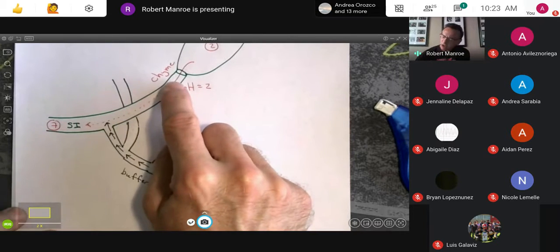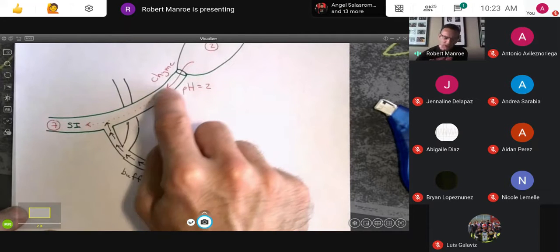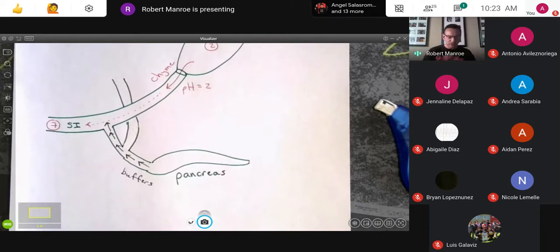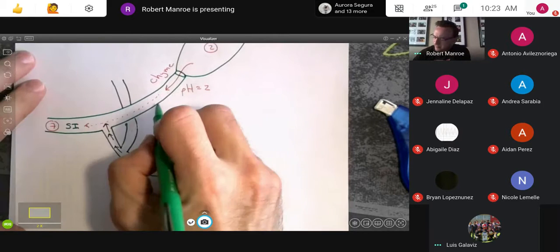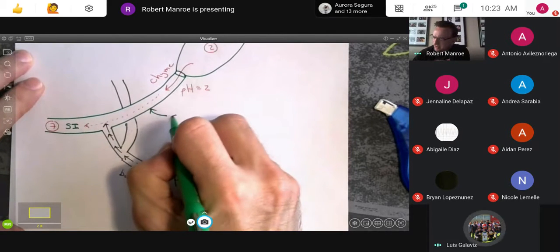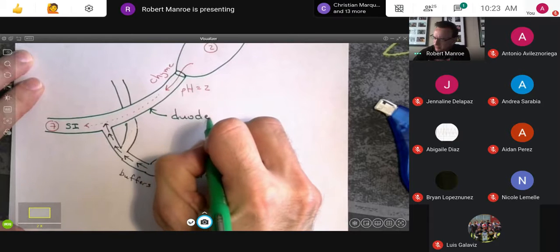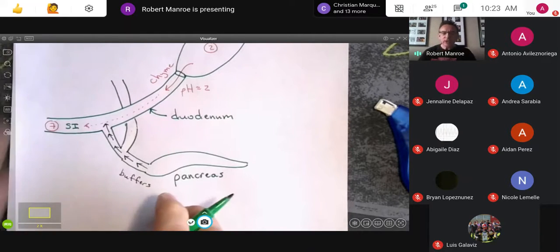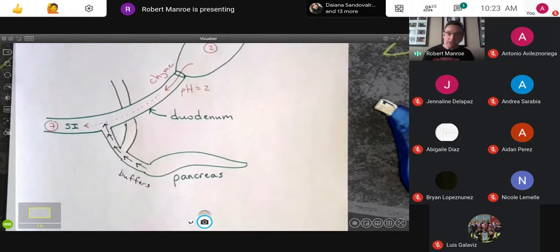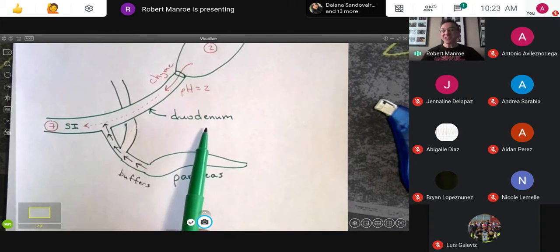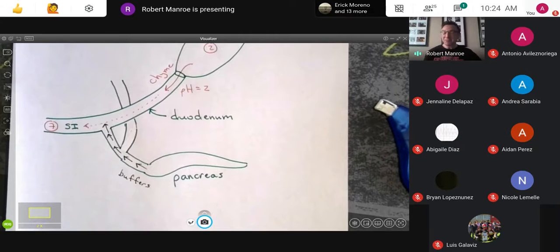Do you happen to recall the name of the beginning of the small intestine here? That first portion of the small intestine has a very specific name. Duodenum. Yes, duodenum. So whether you say duodenum, duodenum, or duodenum, totally up to you. One of the most flexible words in science. So pick one.